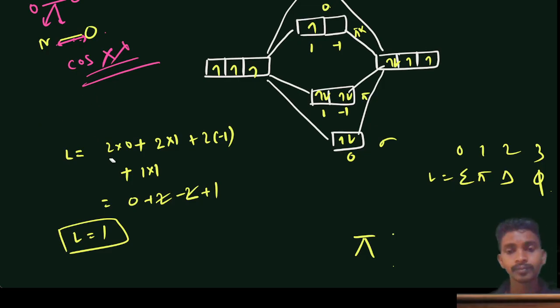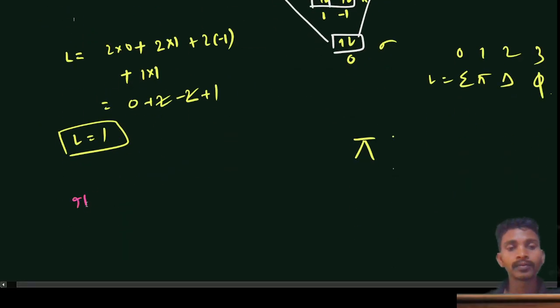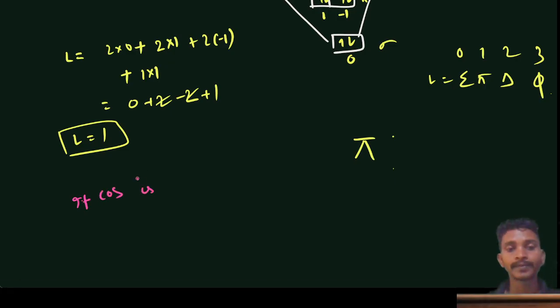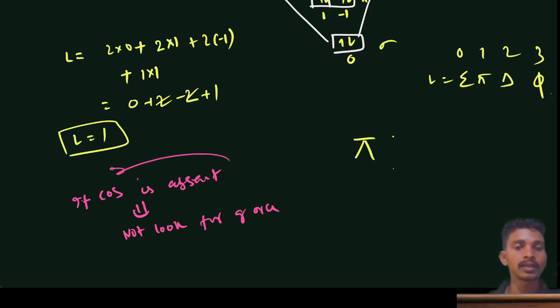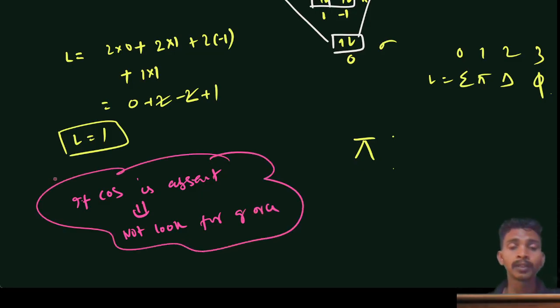So if COS is absent, do not look for G or U. Okay, I told this in the previous class.